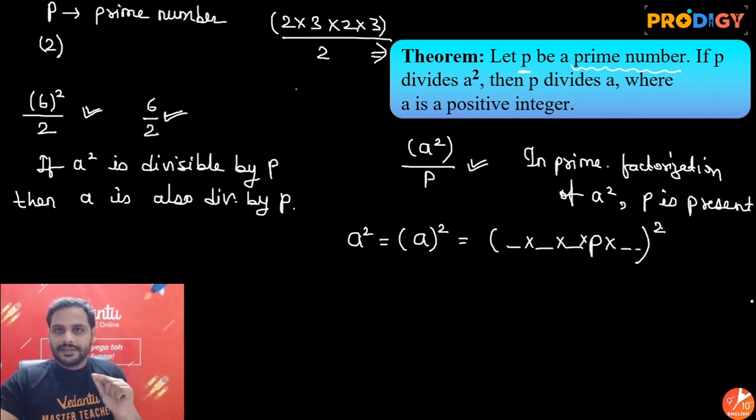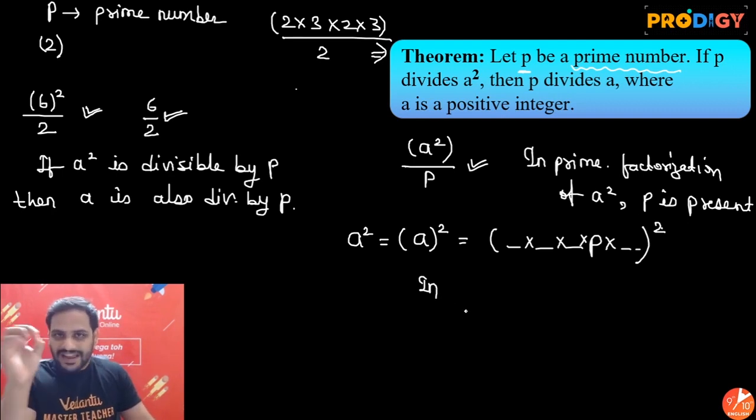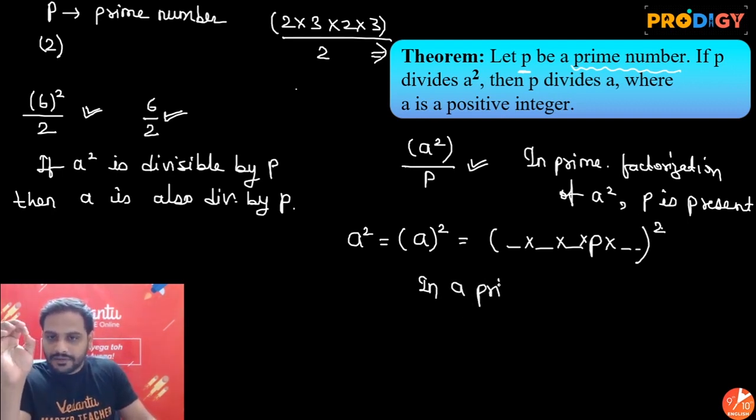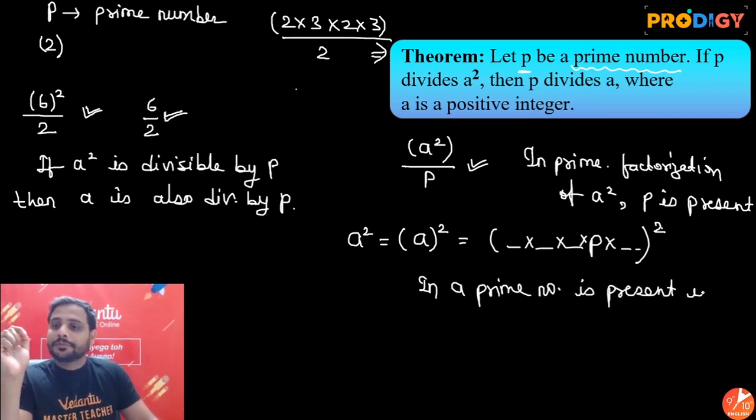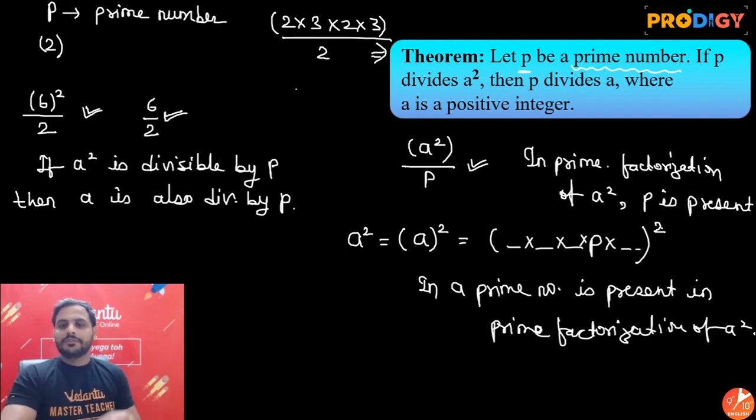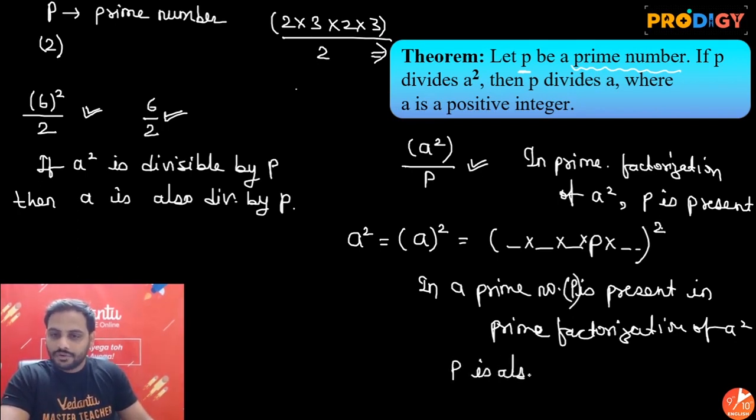So if a prime number p is present in the prime factorization of a square, then I can say p is also present in the prime factorization of a.